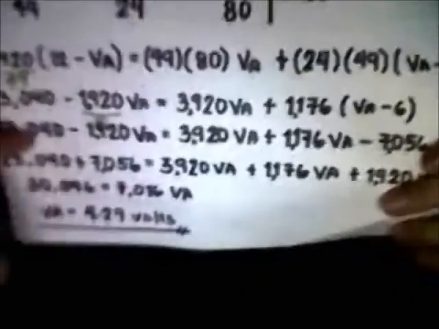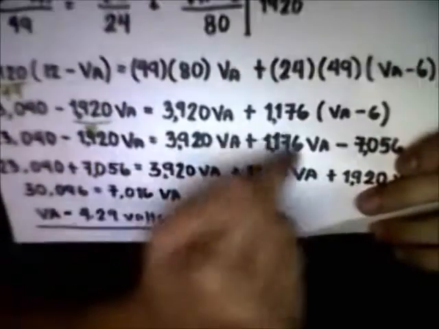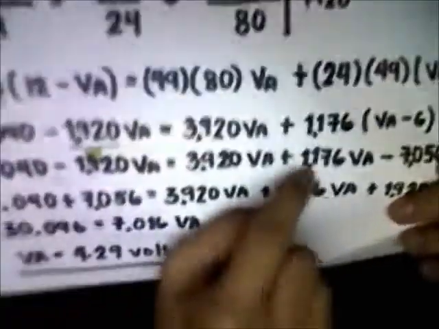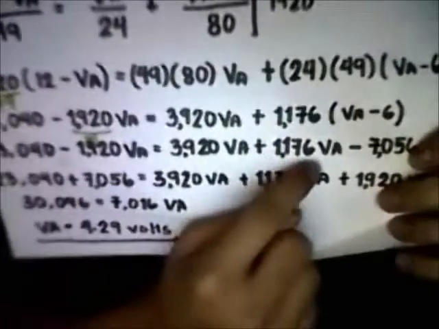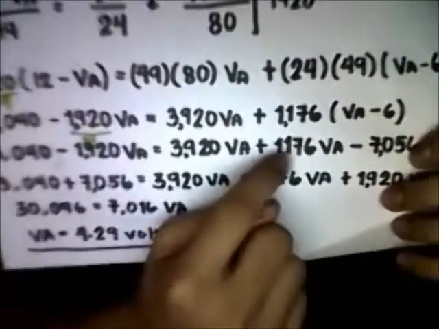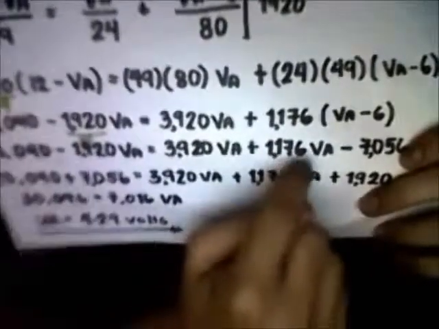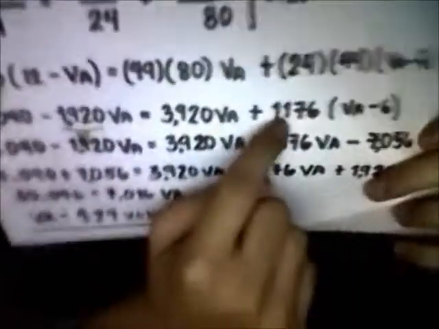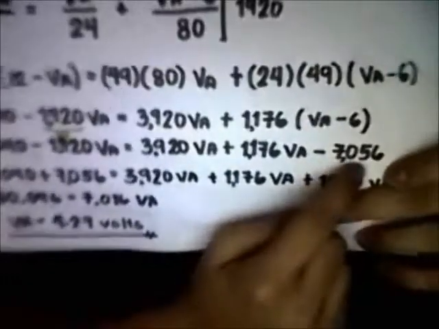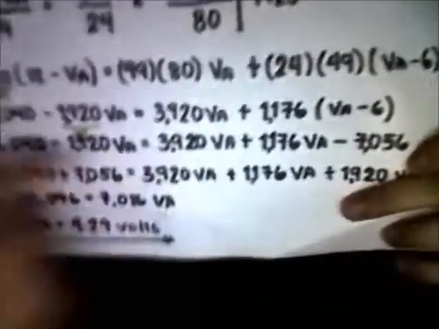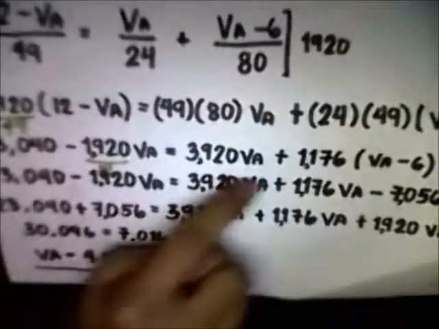1,176 times VA, so 1,176 VA, and 1,176 times 6 is equal to 7,056. So next, we have to calculate for VA.